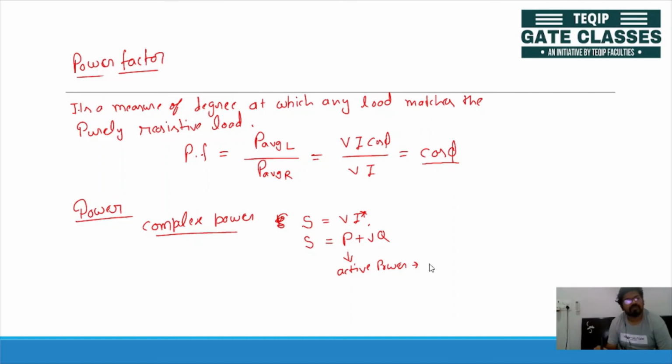It's a useful power. If you convert this P plus jQ into polar form, you will get some magnitude S and some angle phi. This S is your apparent power, that is V into I, V RMS times I RMS.